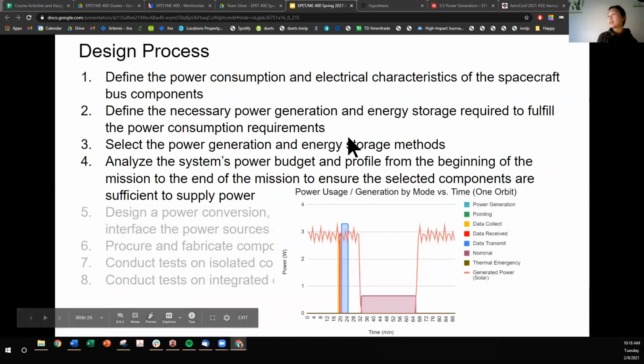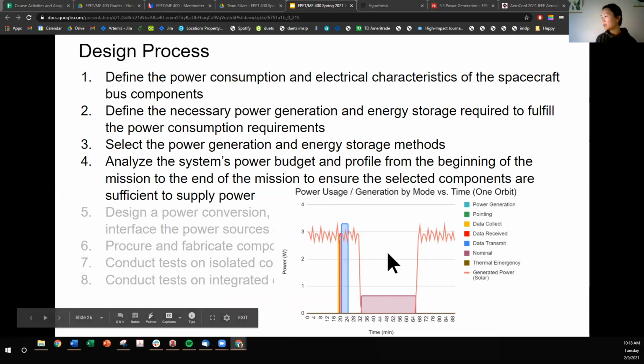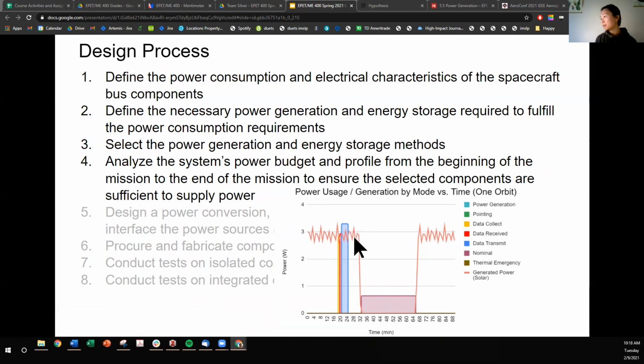Next, you select your power generation and energy storage methods, and then you analyze the system's power budget and profile from the beginning of the mission to the end of the mission to ensure the selected components are sufficient to supply power. This is a snapshot of Artemis CubeSat kit's power budget and profile. So you can see here that we looked at an orbit. We looked at the amount of power generated from our solar panels.